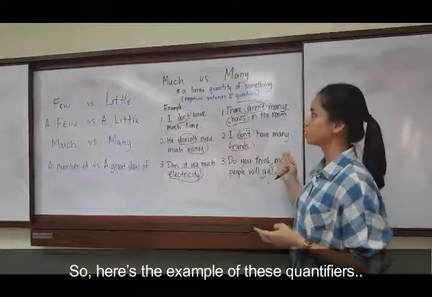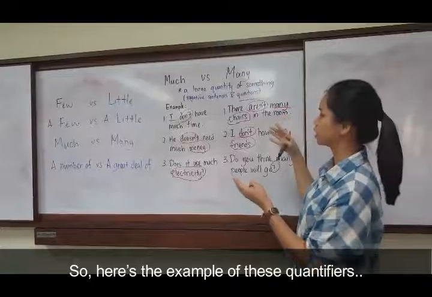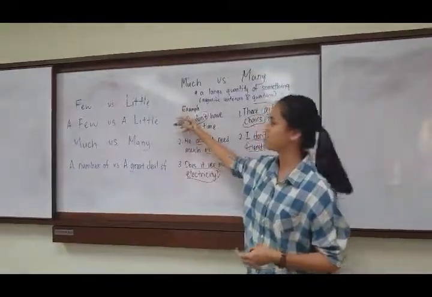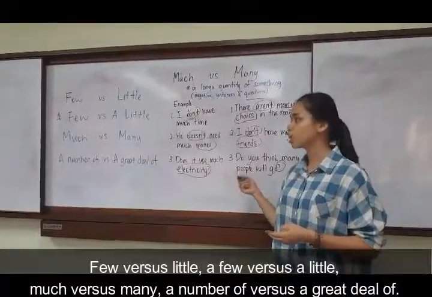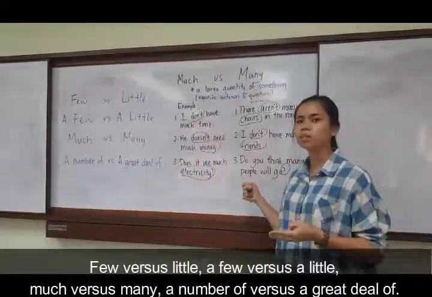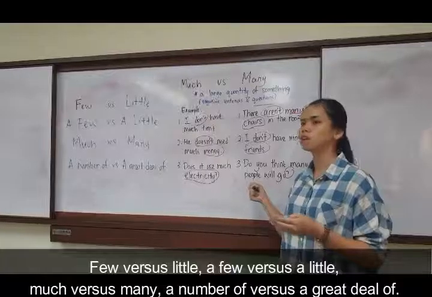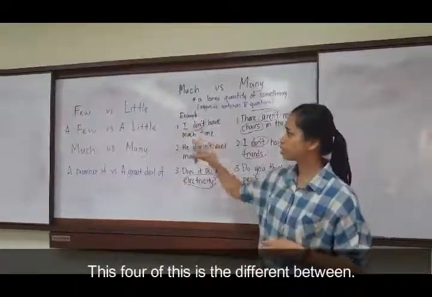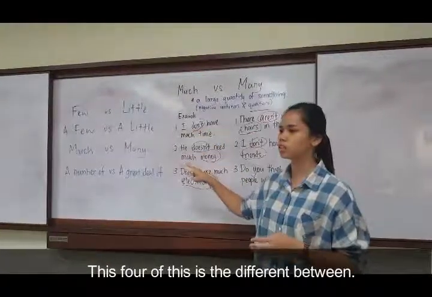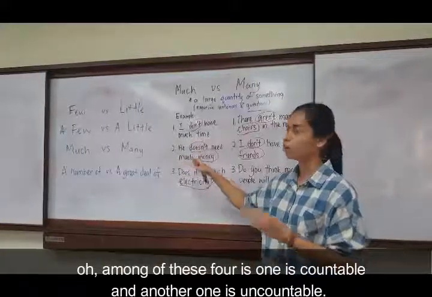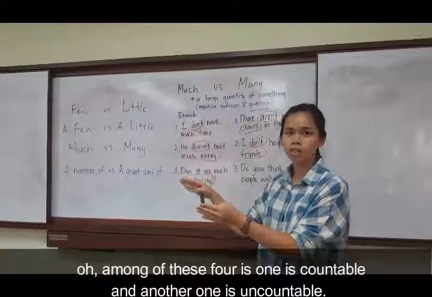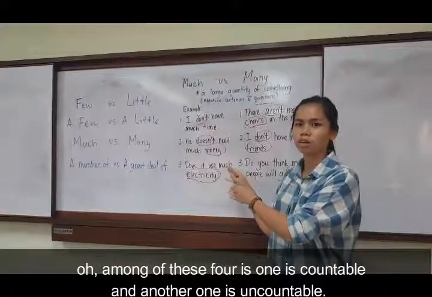So here's the example for quantifiers. Few versus little, a few versus a little, much versus many, a number of versus a great deal of. Among these four, one is countable and another one is uncountable.